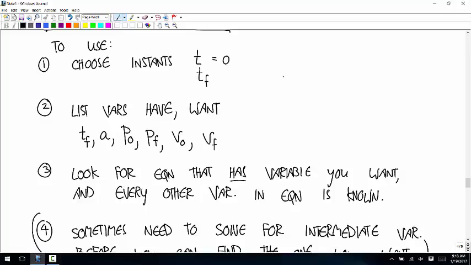You have to choose these two instants, and you also have to choose a location that you call position equals 0. And you have to choose a direction that you're calling positive. So remember talking about that stuff, you have to choose where to set the ruler down, and you have to choose which direction to set the ruler.